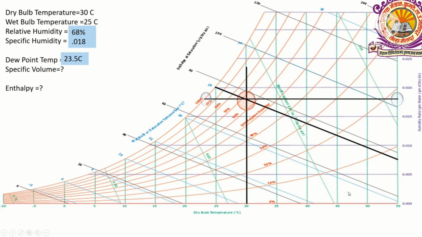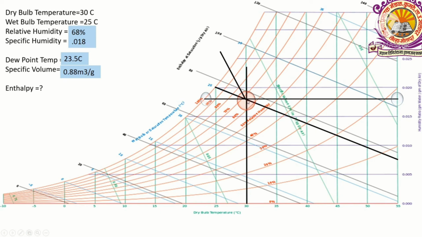The next property is specific volume. These are the specific volume lines, and our point lies between the 0.85 and 0.9 meter cube per gram lines, nearest to 0.9, so we take the value of 0.88 meter cube per gram.